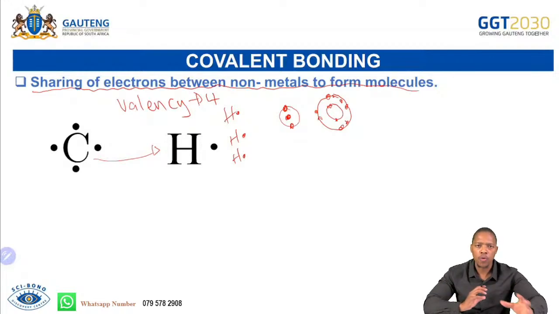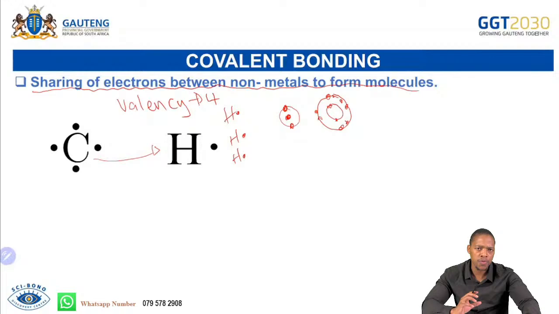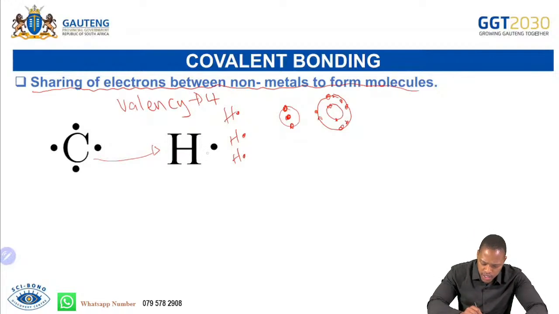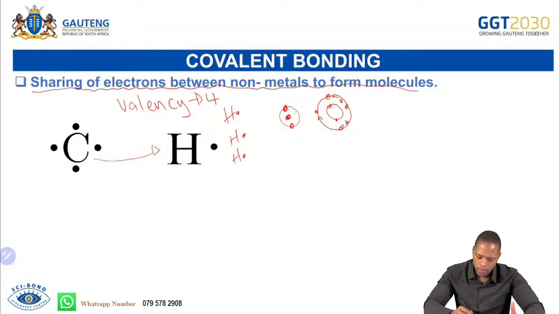So instead of transferring, they say you can't transfer. We both want to be happy. We're not only looking for carbon to be happy or hydrogen. Both of us need, because hydrogen needs only 1, because hydrogen only has 1 orbital. So it needs only 1 electron to have 2 in it. It's going to be happy. Carbon needs 4.